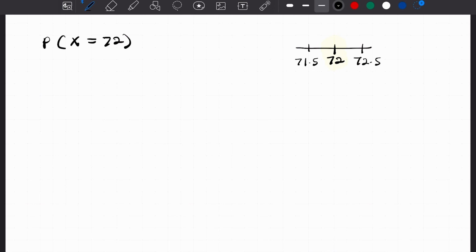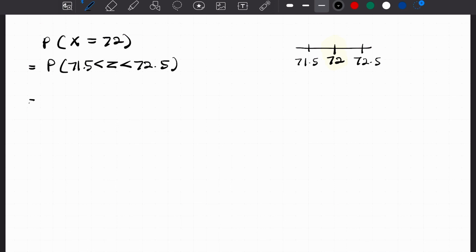Therefore, 72 will be included. Then the continuity correction is probability of X greater than 71.5 and X less than 72.5.